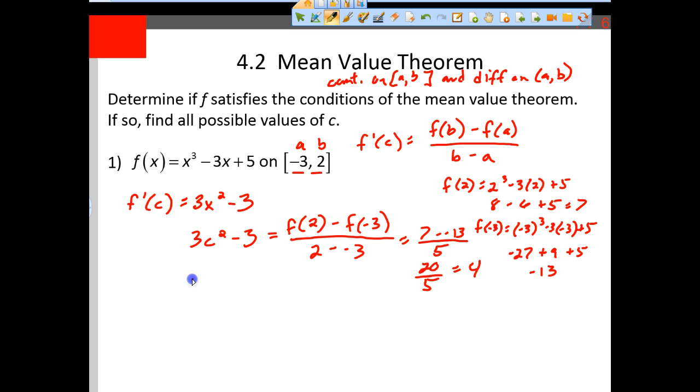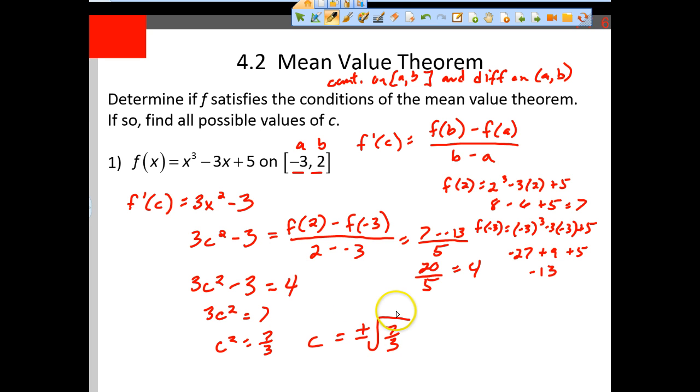So I am trying to determine when 3c squared minus 3 is equal to 4. So 3c squared equals 7, so c squared equals 7/3. So c equals plus or minus the square root of 7/3. Now, the mean value theorem said there must be at least one c. In this case, we get two answers.